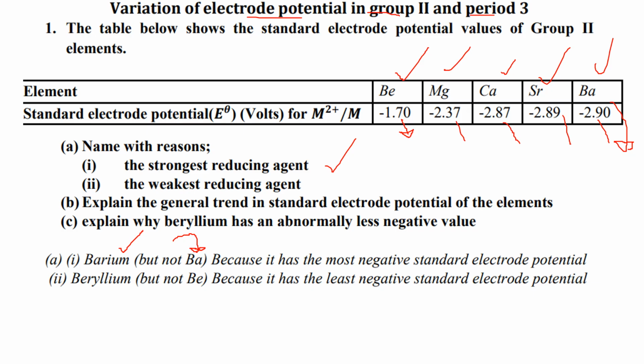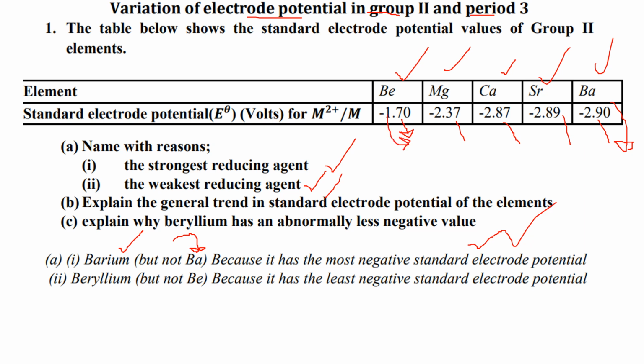So barium, the reason for that is because it has the most negative standard electrode potential, just like we have explained. And then the weakest reducing agent, or which can be called the strongest oxidizing agent. So the weakest reducing agent or the strong oxidizing agent must be less electronegative, or it must be more positive, and here it's going to be beryllium.